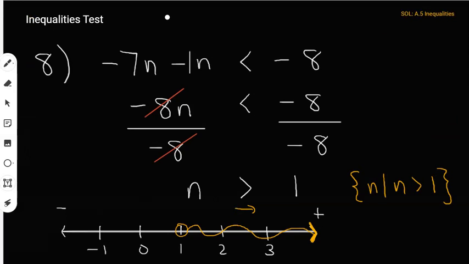The next one we're going to do, number 12. So let's try 12. This one says 7, and then in parentheses, I'm going to have a 6p plus 8.